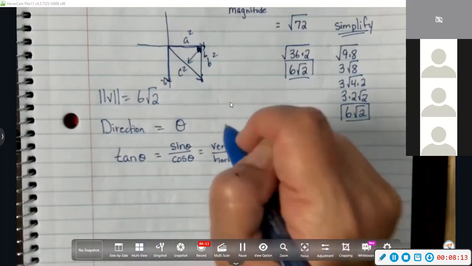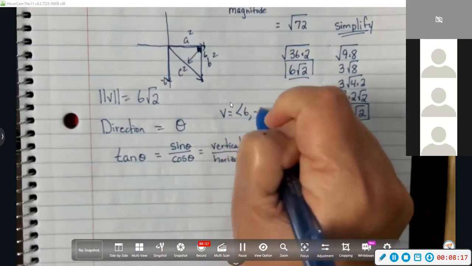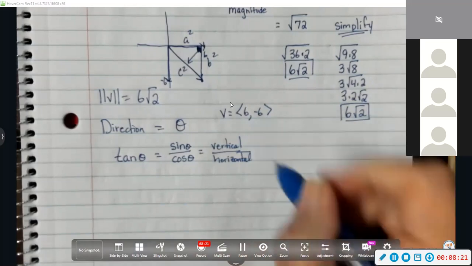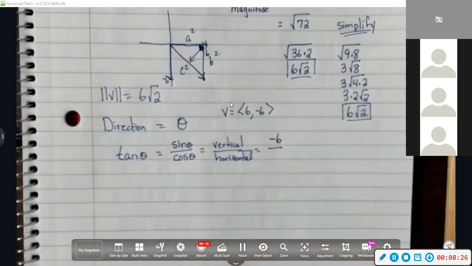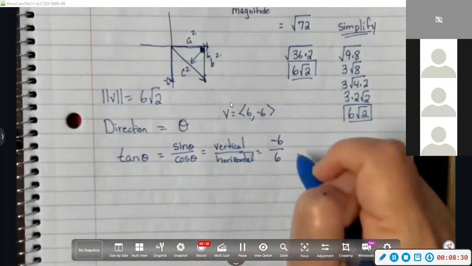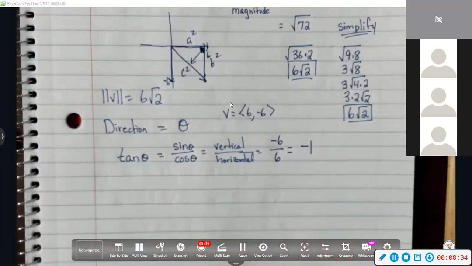And so if we take a look at our vector v and its component forms, our vertical component is -6, so that goes there. Our horizontal component is 6. -6 divided by 6 is -1.